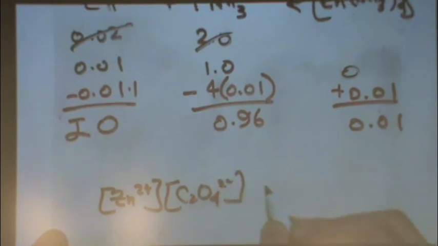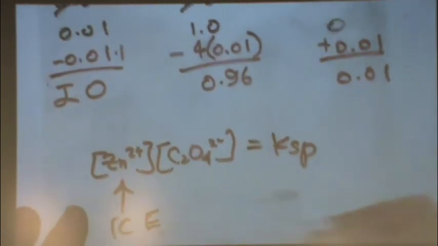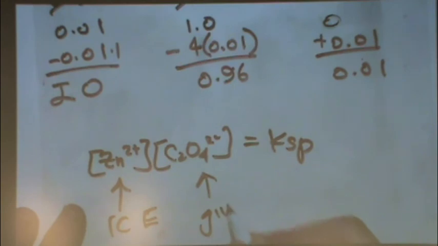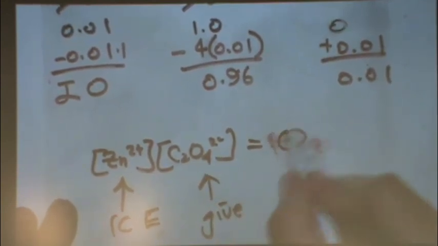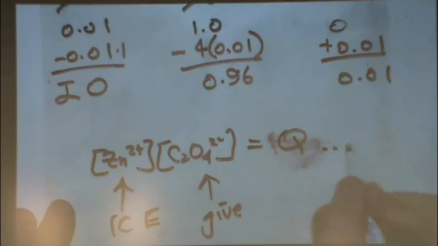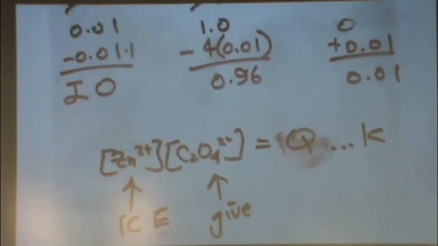Because this is KSP. And so if you know this from the ice table, and this is given, you'll calculate Q and compare it to KSP. Depending on if it's larger or smaller, that'll tell you if it precipitates or not. Okay, cool.